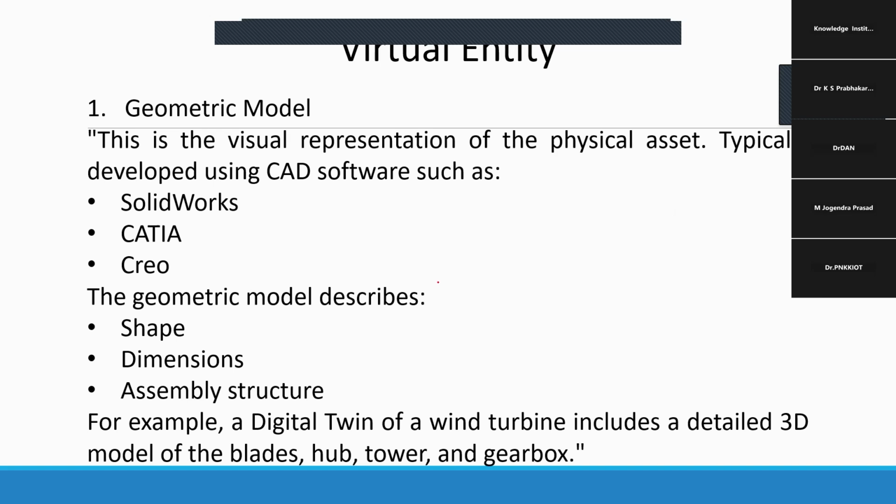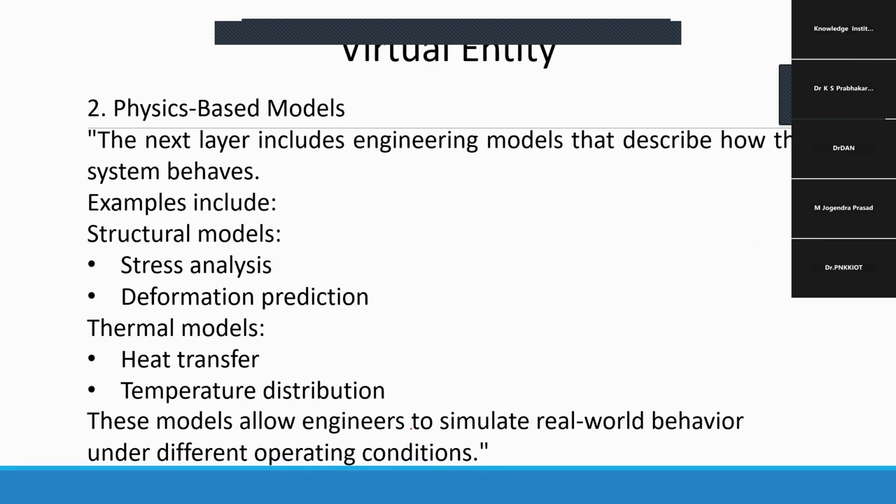So I already told you about the geometric model. Here the geometric model describes shape, dimension, and assembly structure. But in the case of the physical-based model, we can use any of these engineering models to understand the system behavior.